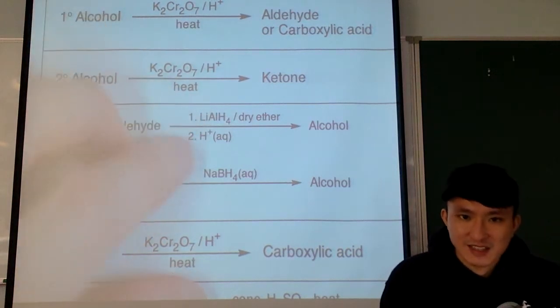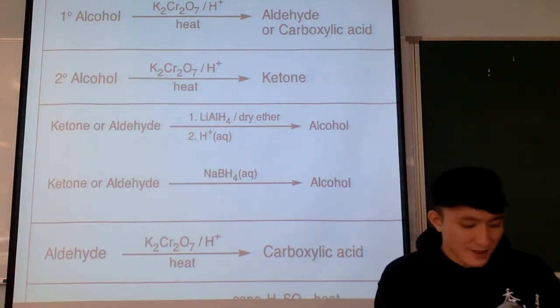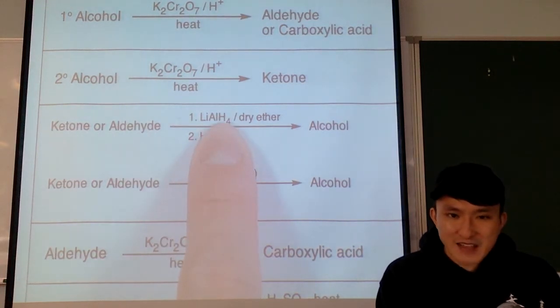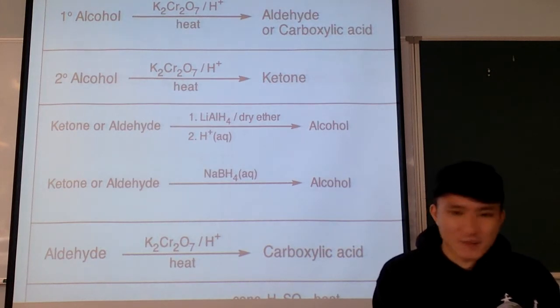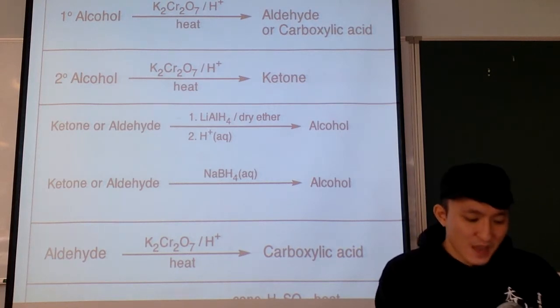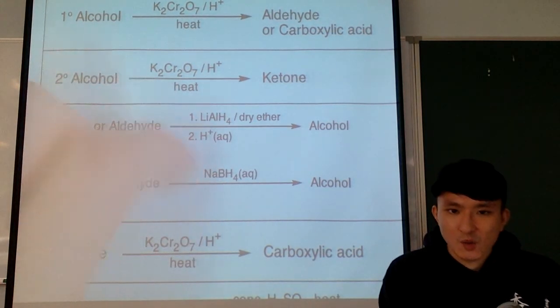One, reduction. Second, you need to add acid to not only remove unreacted lithium aluminum hydride, but also to convert the alkoxide ion back to the alcohol. If you forgot about that, you can go back to part 1. But at least you need to know, whenever we use lithium aluminum hydride, remember, 1, 2.